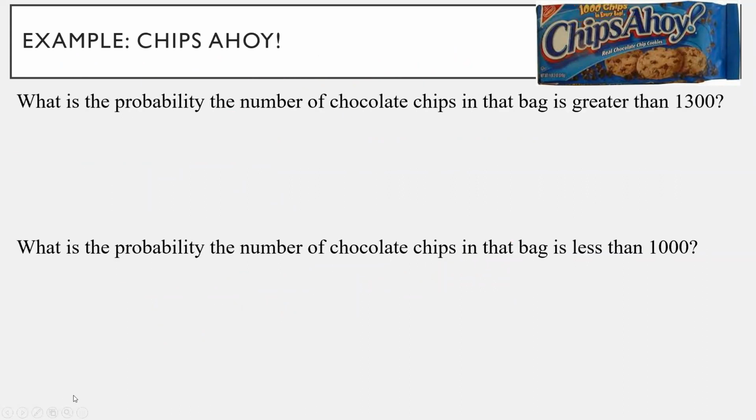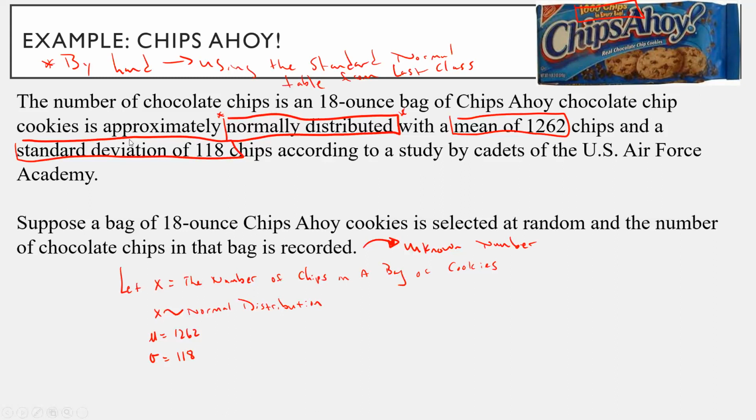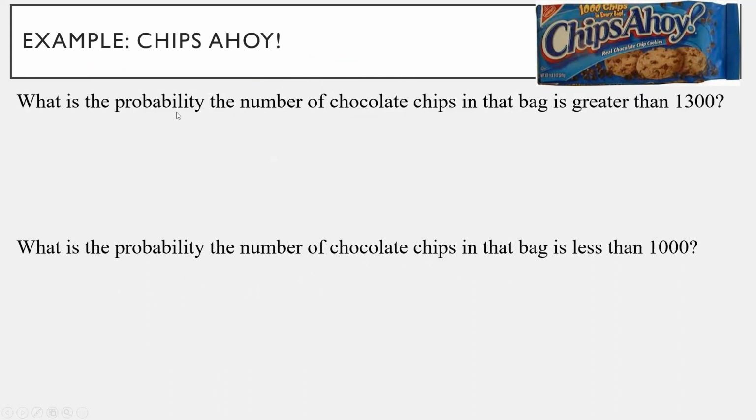All right, so now here's the thing. I told you normally distributed, mean, standard deviation, and now I'm going to ask you for a probability, okay? So what you're going to have to do is follow the process from last class for this.